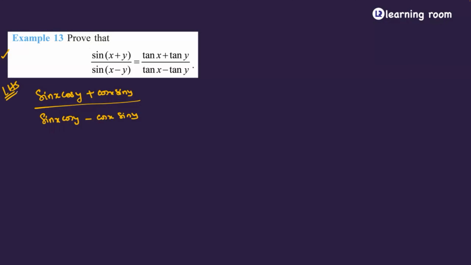But let's recollect the logic. Whenever you have a combination of sine and cos, which is expected to get converted to only tan on the right hand side, then the logic is to divide the numerator and denominator with cos x cos y.